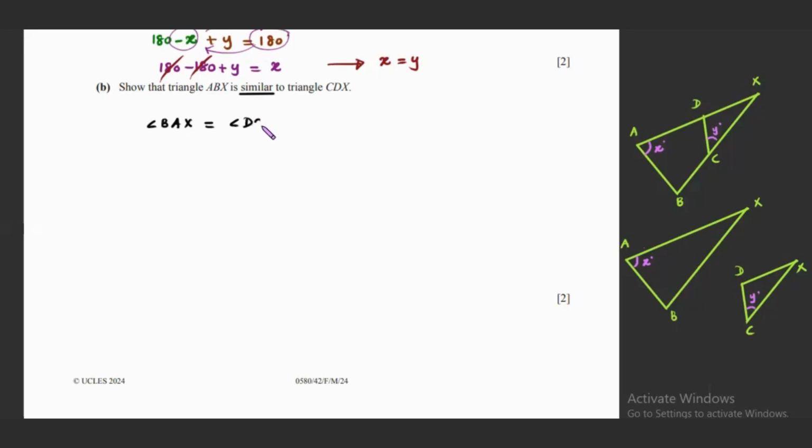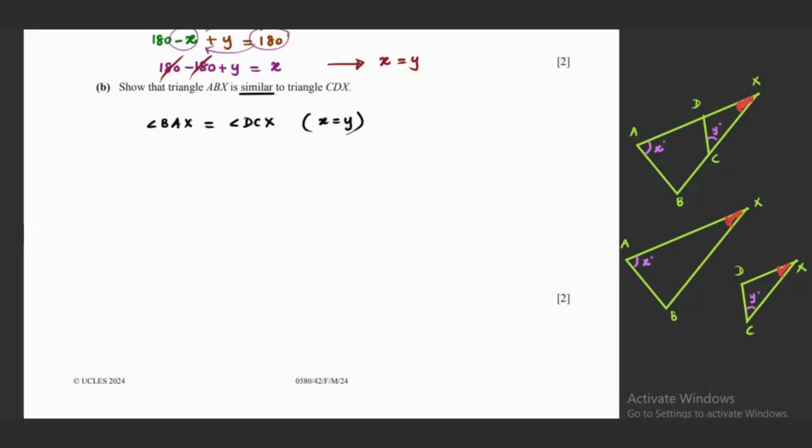They both are equal because previously we proved that X is equal to Y. So definitely this angle and this angle will be equal. Then if we consider this diagram that is given to us, this angle is in the larger triangle, as well as in the smaller triangle, which is this one and this one. They will definitely be equal.